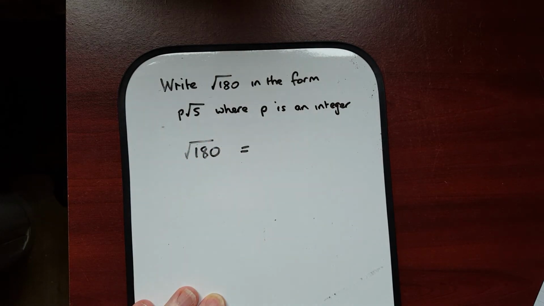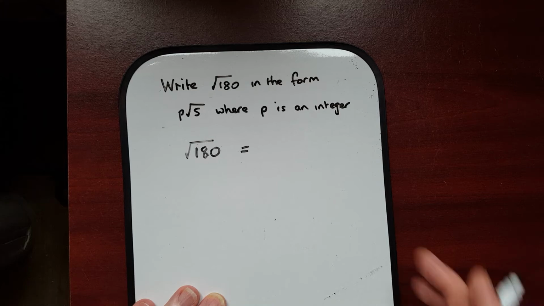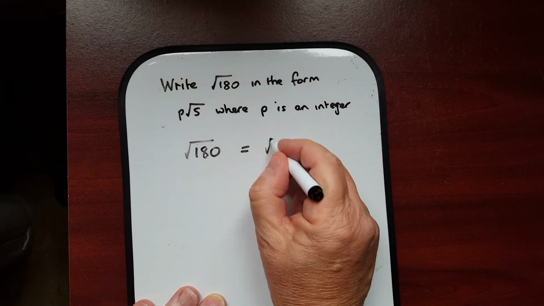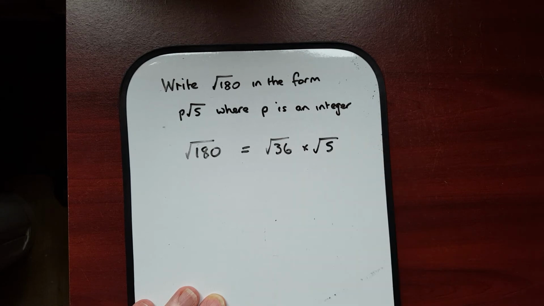So all we do is we simply think about the square root of 180 and we simplify it. Let's have a little think what we can be doing. The square root of 180, what can you multiply? 36 times 5. It's the square root of 36 times the square root of 5.